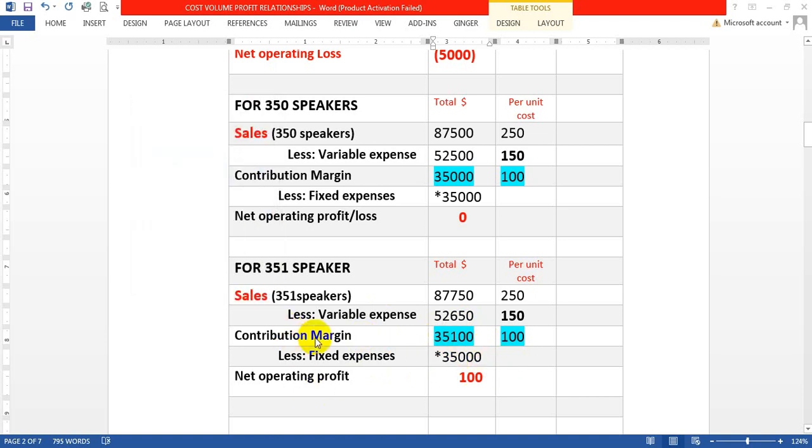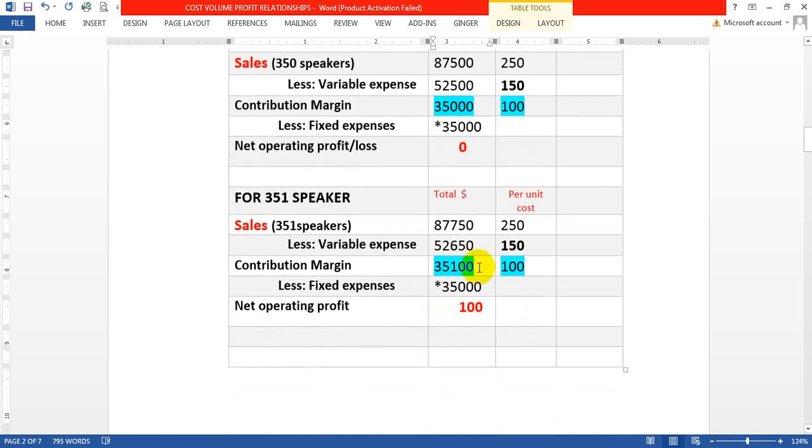It means I am getting a profit. If I am manufacturing 351 units or 351 speakers, then I would get only $100. This is my profit, this $100 on 351 speakers.